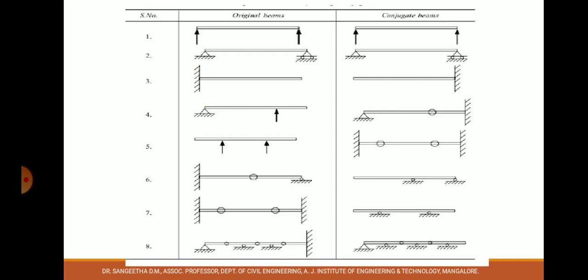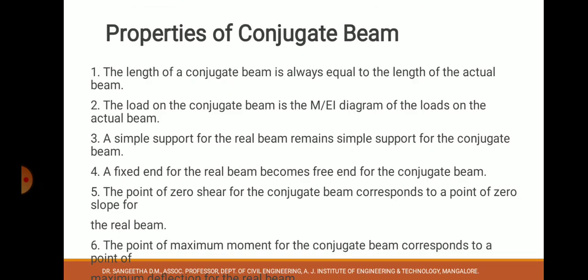In the original beam, if there is a hinge, the conjugate beam has a hinge. If in the original beam there is an internal support, it will get switched to an internal hinge. A free end turns to fixity. So just compare the previous chart with this chart. See here, the supports that are free will get turned to fixed.